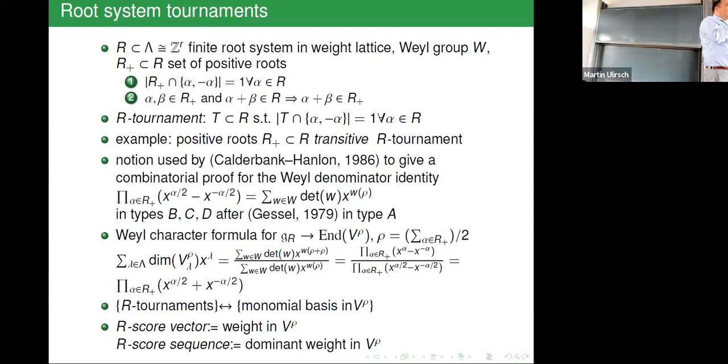Because if you can understand what the multiplicity corresponds to, then you have a shot at finding this relationship. Here in the tournament, it's easy to say the multiplicities are exactly the number of tournaments with a given score. That's the number of tournaments of a given score is the multiplicity of the weight.